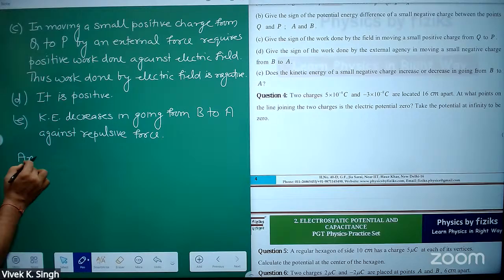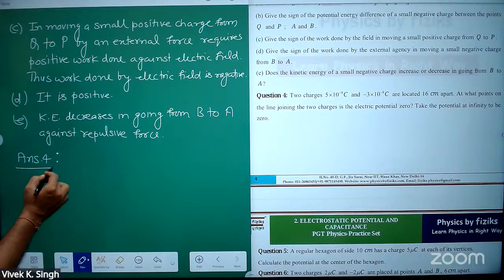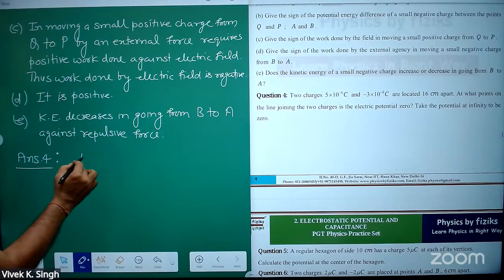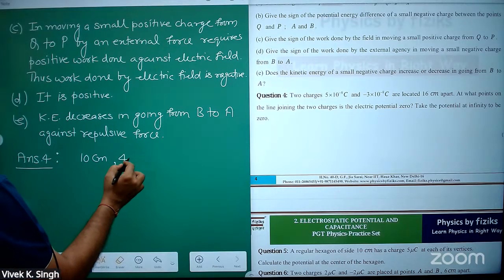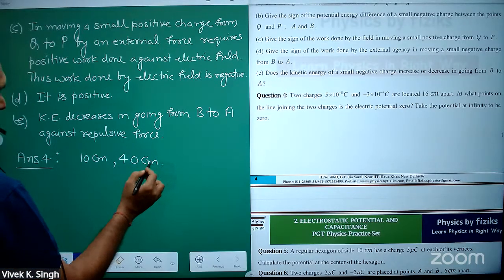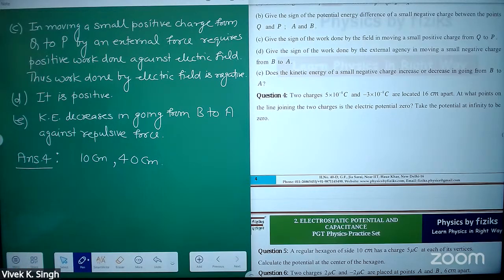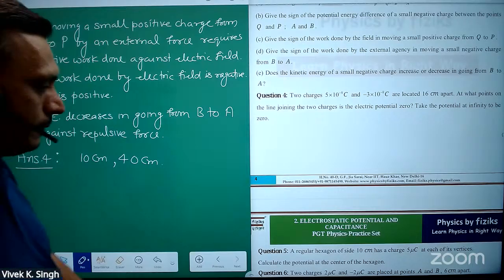You have to try this. I am giving you the answer: one will be at 10 centimeter and another at 40 centimeter. You can easily check this value. Okay?